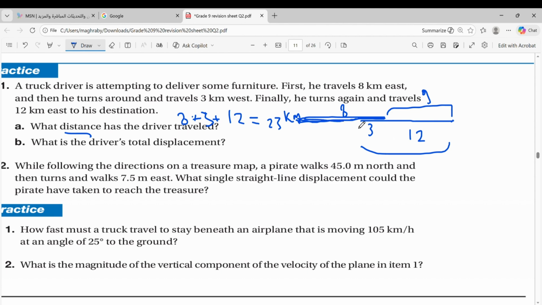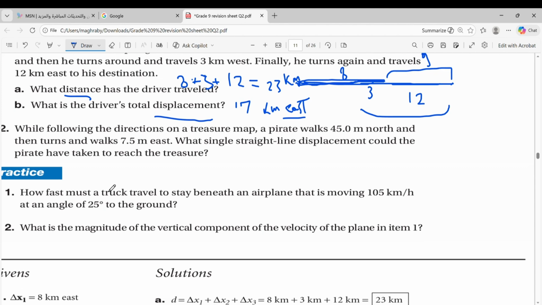So the total displacement is 17 kilometers east. Here you have to mention the direction, because displacement is a vector.